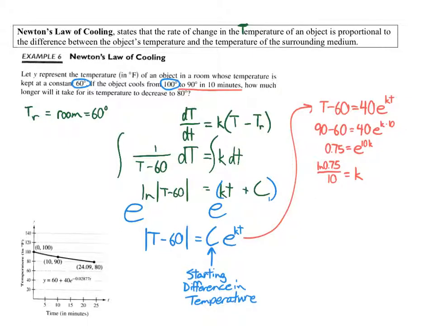Now, the point of the problem was to find out how much longer it will take for this temperature to decrease to 80 degrees. So if I'm going to 80 degrees, I'm going to plug in 80 minus 60 equals 40 e to the, I don't know what t is, that's what I'm looking for, ln of 0.75 over 10 times t. So now I have 20 over 40, which is 0.5, equals e to all of that.